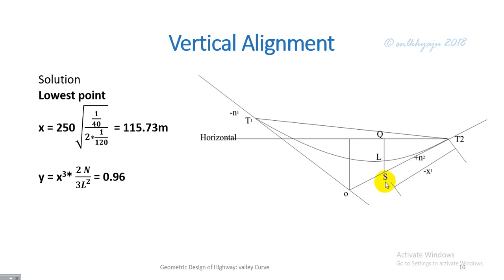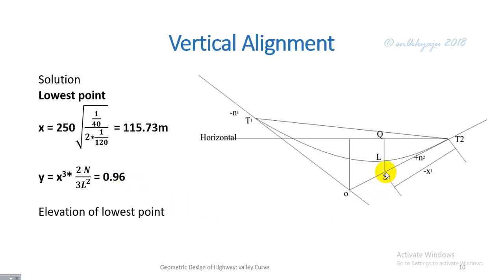Then y equals LS is calculated as b x cube, where x is the distance from the tangent point, calculated as 115.73, and b is twice N divided by 3 L square, and it is calculated as 0.96 meter.